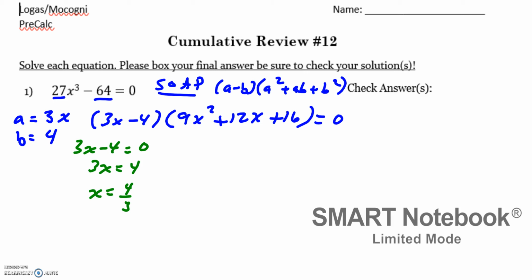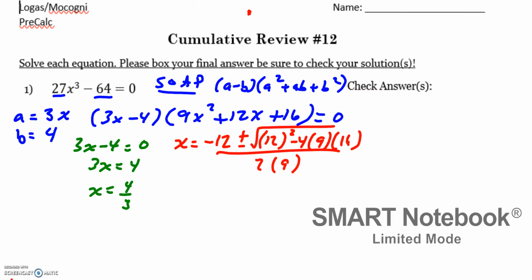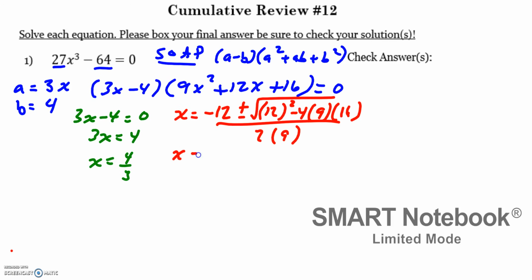I would say the other method that would be best here is the quadratic formula, because my lead coefficient is not 1, so completing the square would make everything harder. So we'd have x equals negative b plus or minus the square root of b squared minus 4 times a times c, all over 2 times a. So that would be x equals negative 12 plus or minus the square root of 144.